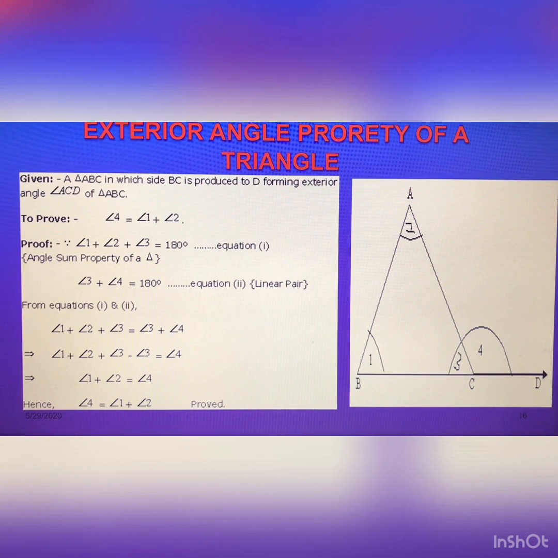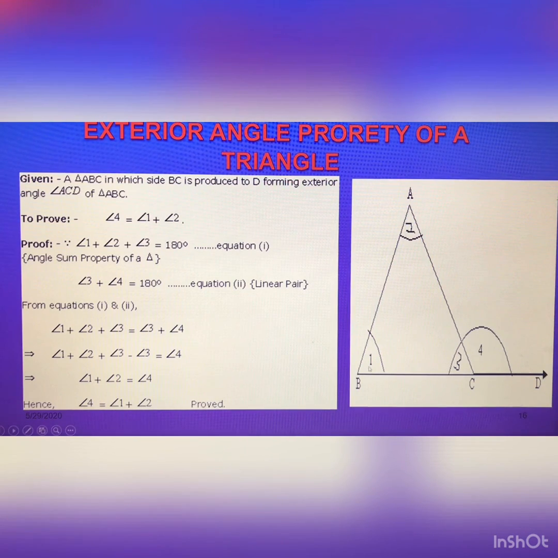I think the proof and the exterior angle property are clear. I want to once again tell you what the exterior angle property is. It means the sum of the interior angles, except this angle 3, because this is just near the exterior angle, so we will leave it.